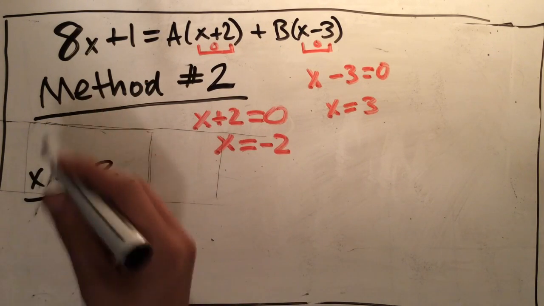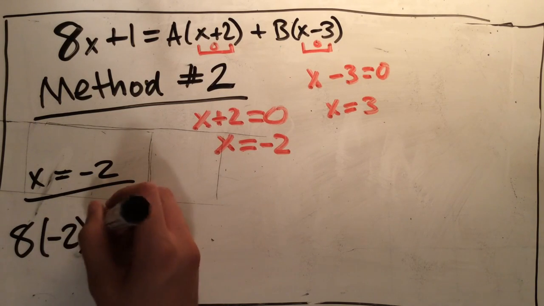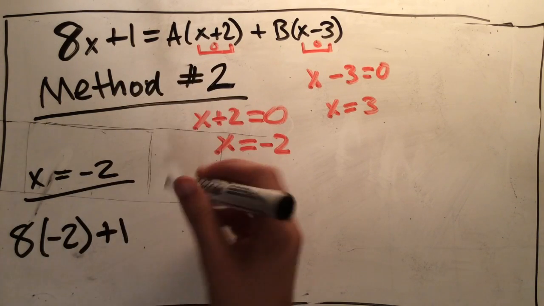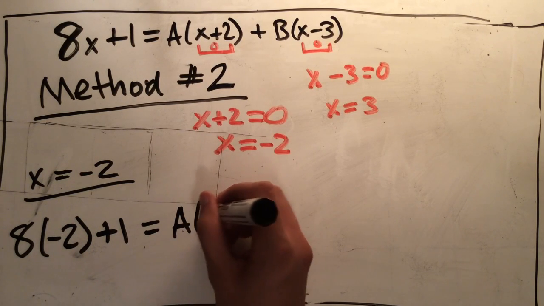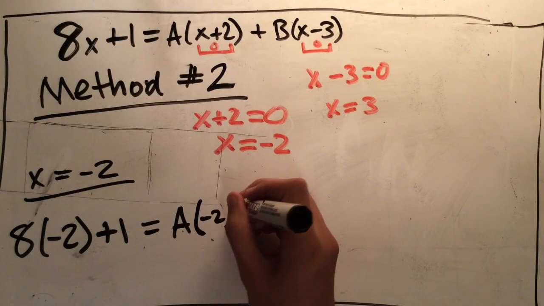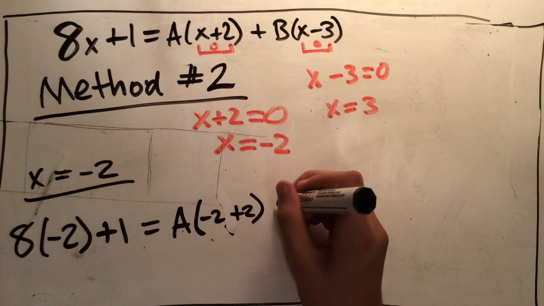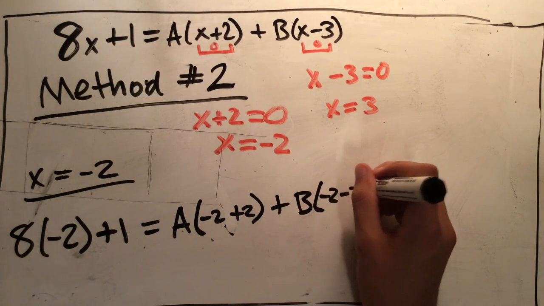Here we go. 8 times negative 2 plus 1, I'm just plugging it in, equals A times negative 2 plus 2, which is equal to 0, and then plus B times negative 2 minus 3.